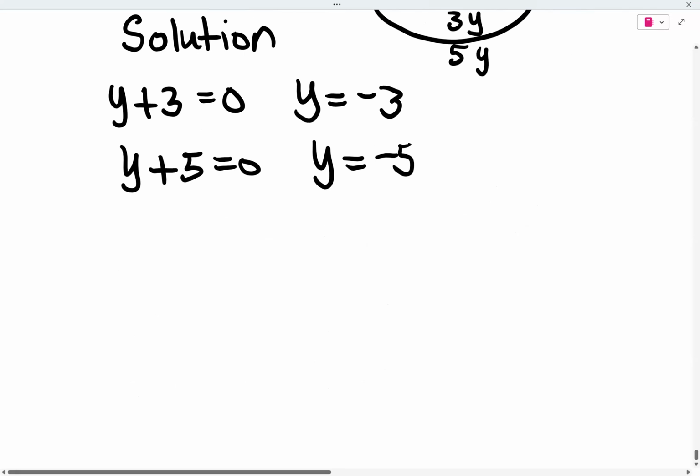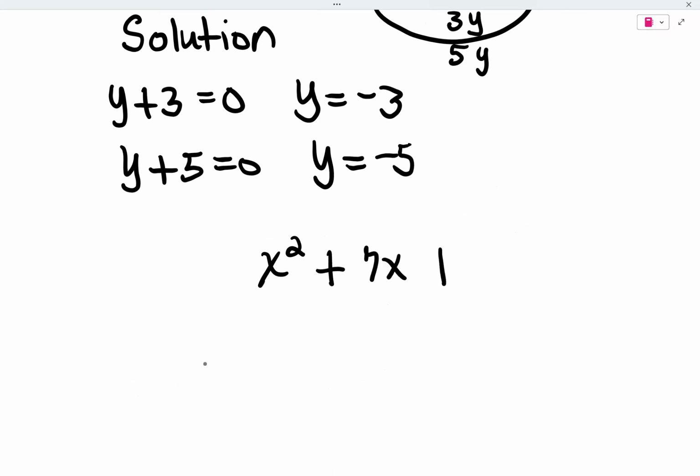So in this case, let me make one up. Let's say I have x squared plus 7x plus 12. Can you think of two numbers that multiply? 3 and 4.